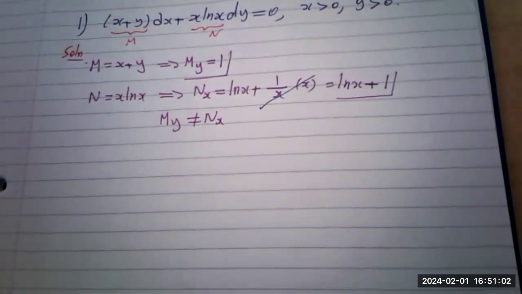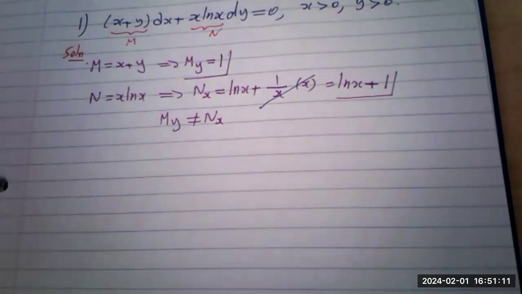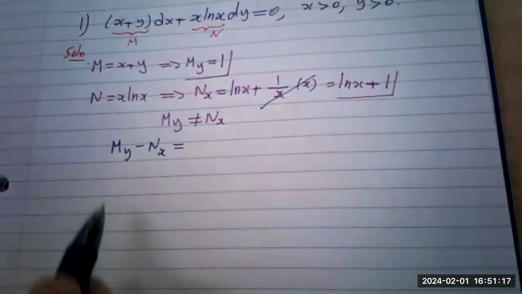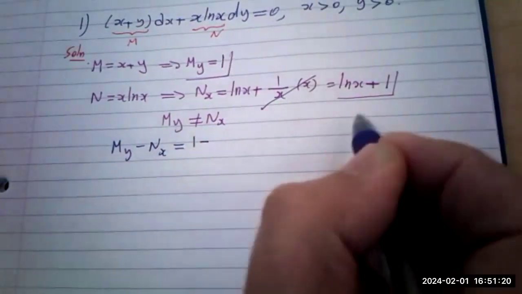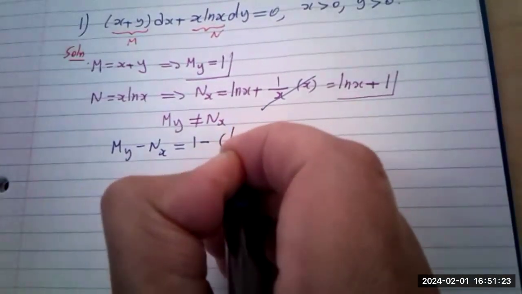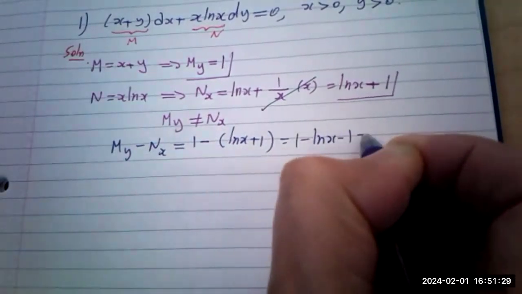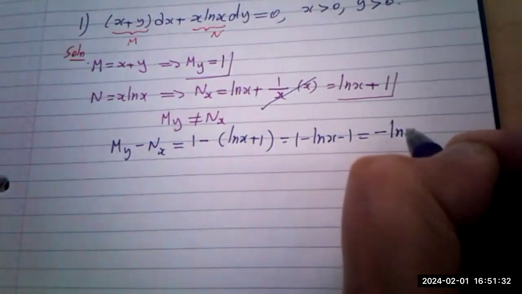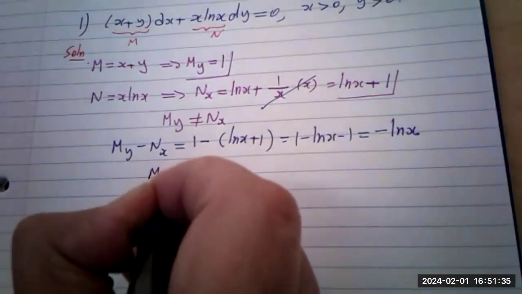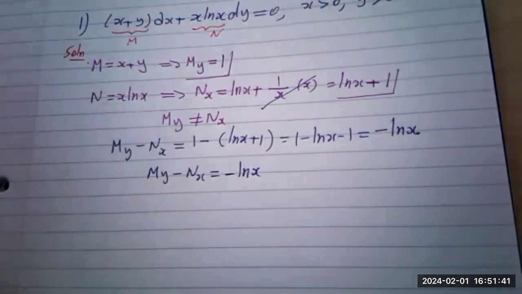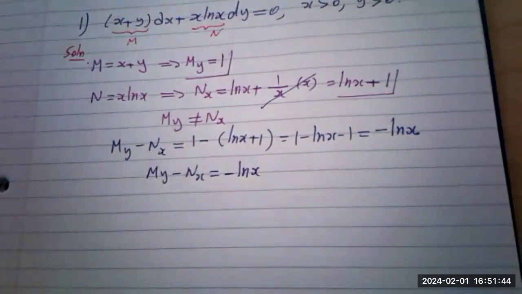Find this difference first, because the top of the formula that we gave you was M sub y minus N sub x. M sub y minus N sub x is 1 minus (ln x plus 1), which gives 1 minus ln x minus 1, so negative ln x. That's the top of the fraction that we're going to compare.